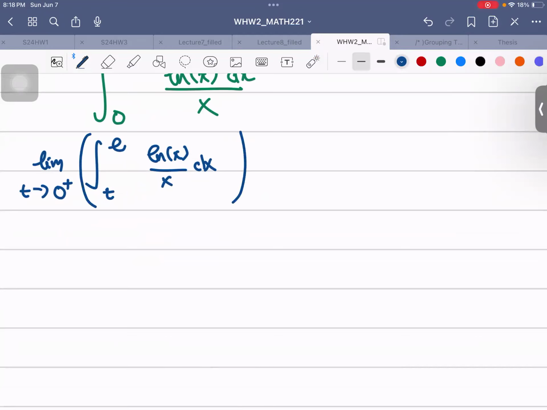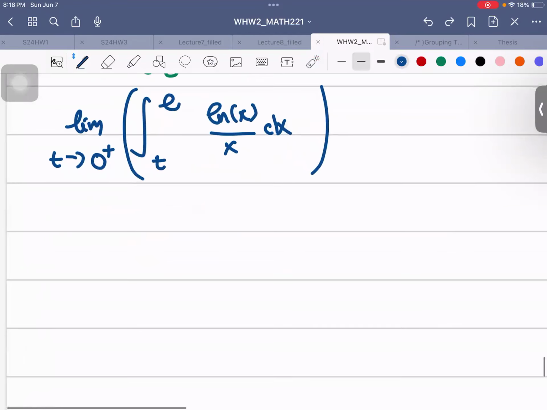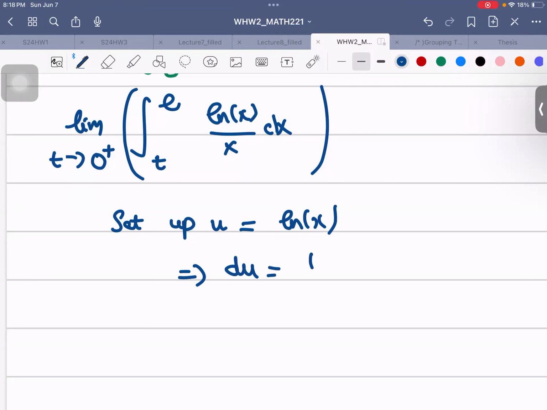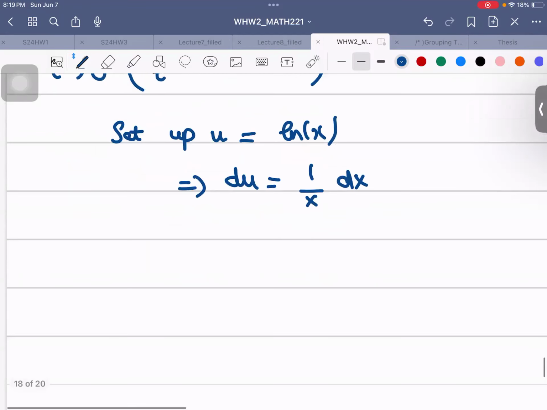Okay, so let's focus on this integration. Again, I believe you can use u substitution, because if you set u equal to ln of x, when you check the derivative, you're going to have dx over x. Set u equal to ln of x. Therefore, du will be 1 over x dx.